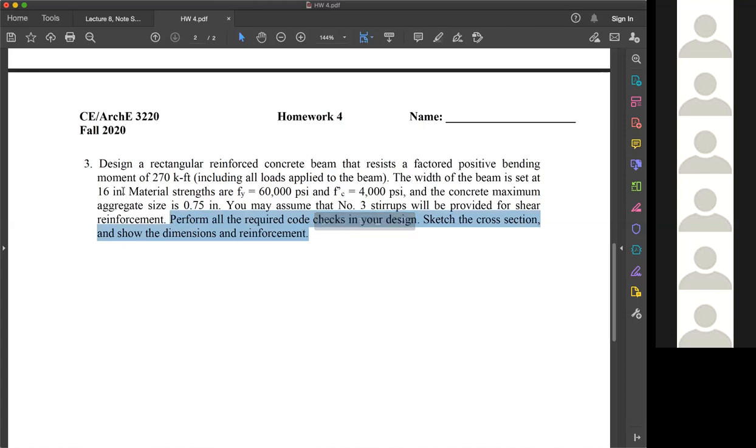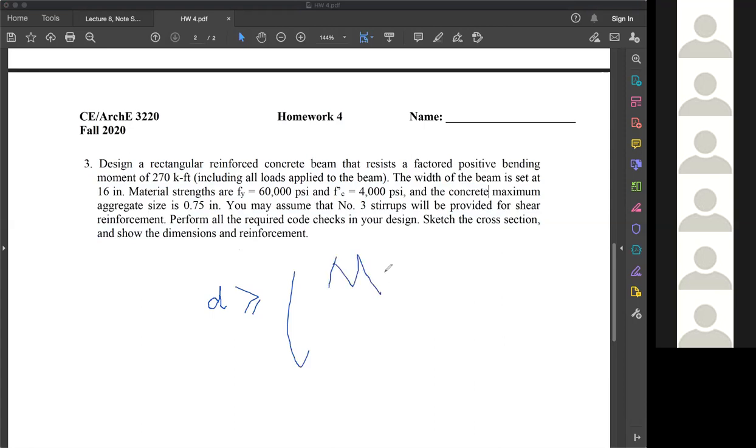So now the width is given. The only thing that is not given is the depth d, right? So you need to obtain d. d has to be greater than or equal to the bracket inside: Mu divided by phi, at R, and alpha, bracket outside to the power 1/3.